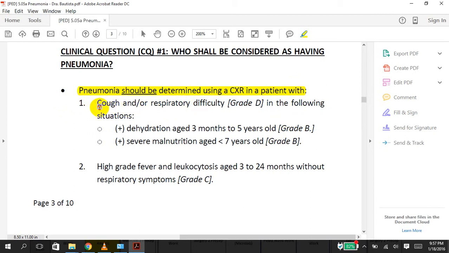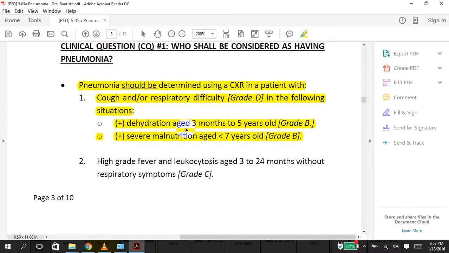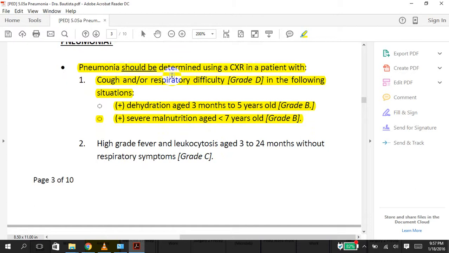If the patient has cough or tachypnea, or respiratory difficulty, especially if the patient is already having retractions, increased rate of breathing, nasal flaring, or abdominal breathing, especially if you see signs of dehydration in ages 3 months to 5 years old, and the patient is severely malnourished under 7 years old, then you should use chest x-ray to confirm your diagnosis.